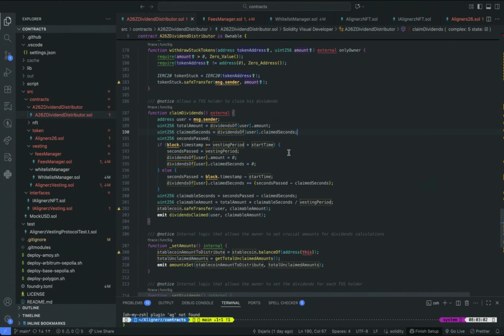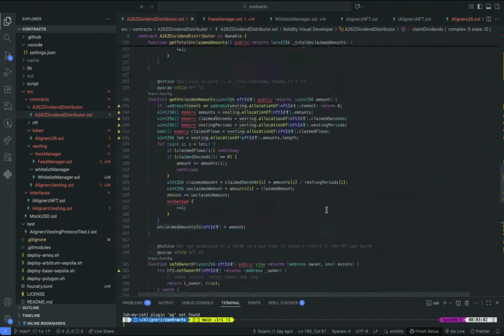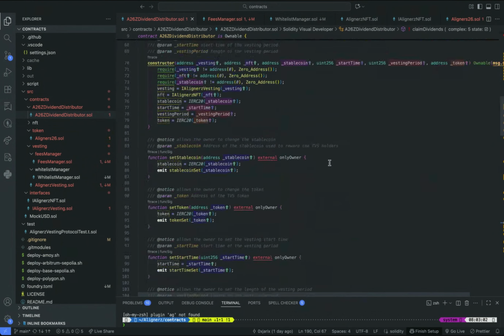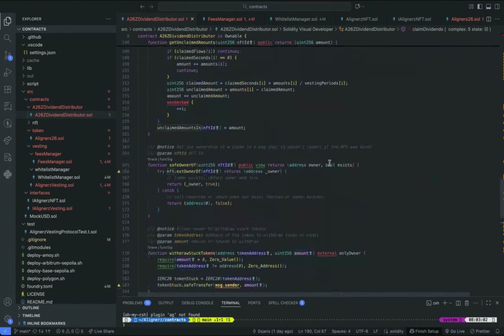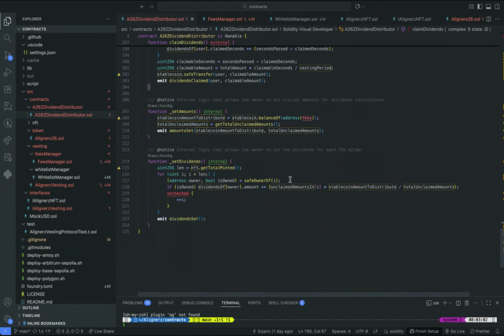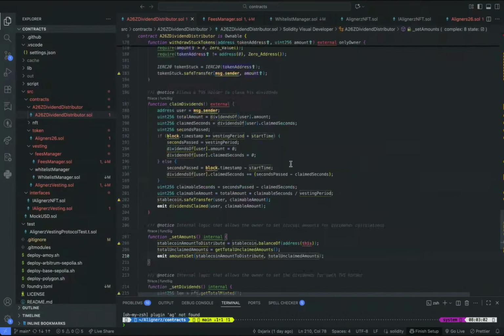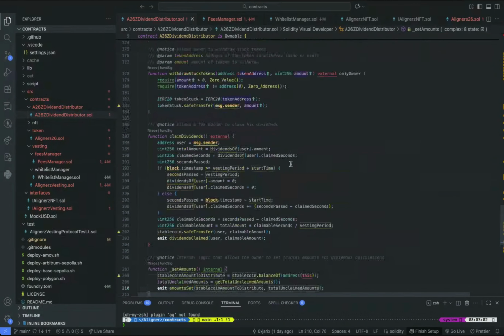They will get it proportionally to the time left. Okay. And yeah, so the dividends are set by taking into account the total unclaimed amount inside all the TVS and the total stablecoin amount that Alignerz is willing to distribute, and the unclaimed amount of a certain user in his TVSs.